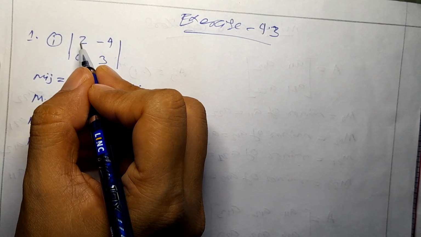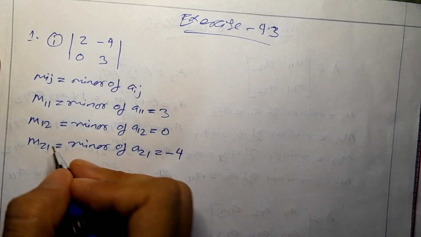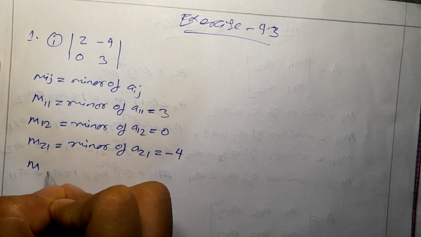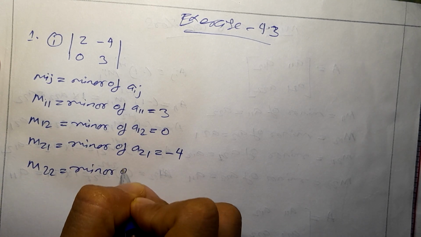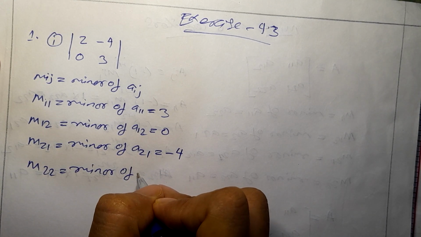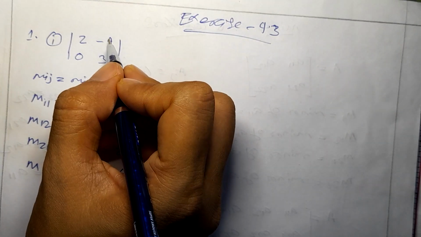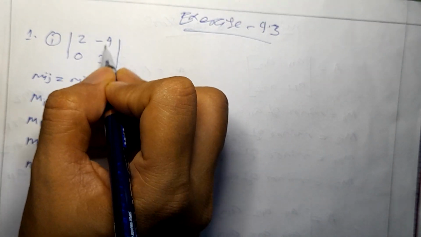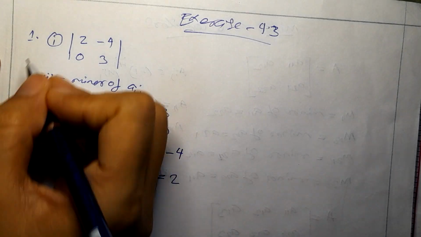Eliminate the second row and first column. The remaining is minus 4. M22, the minor of a22. Eliminate the second row and second column. So it is 2. These are the minors.